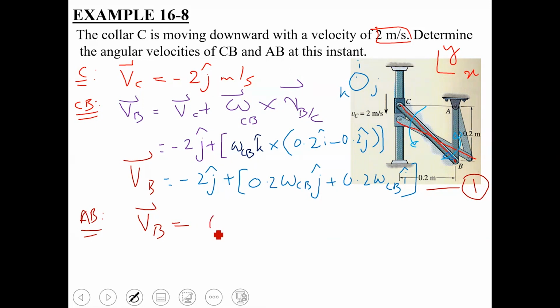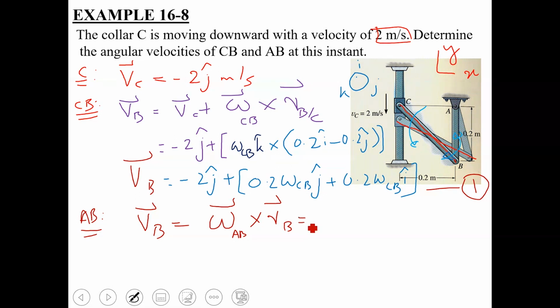Sir, omega cross r. So omega cross r, but now here omega is going to be the angular velocity of this link, which is omega AB, and r is going to be the vector rB, which defines the absolute position of B with respect to A. So this is going to be omega cross r for link AB.